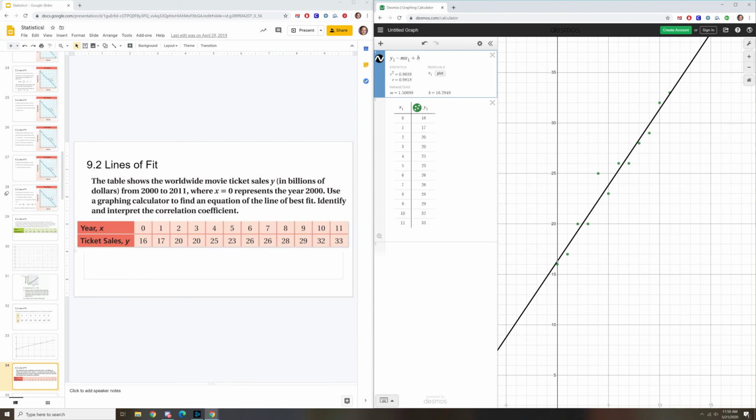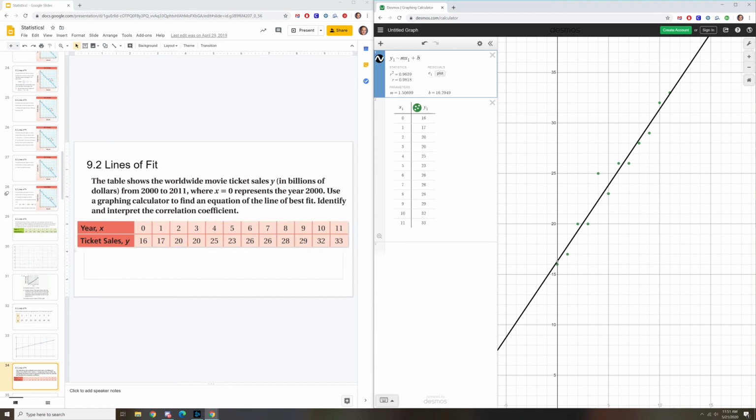What's really interesting is that we have our R value, and that's 0.98. And remember in the vocabulary, we said that if you had a positive 1 or something close to positive 1, that meant you have a positive correlation. If the R value is 0, that meant there was no correlation.